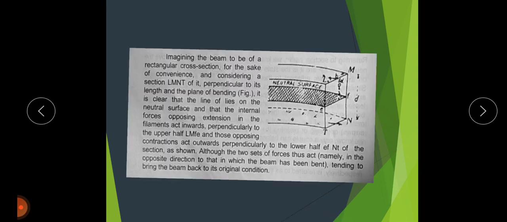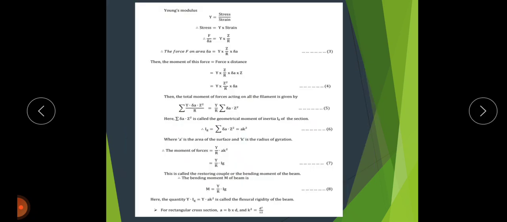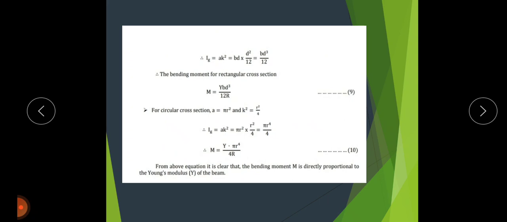The breadth of the rectangular cross section is taken as B, and the height of the cross section is taken as D. So the area is breadth into height, and the radius of gyration K square is equal to D square divided by 12. So that the bending moment of the rectangular cross section can be taken as here.